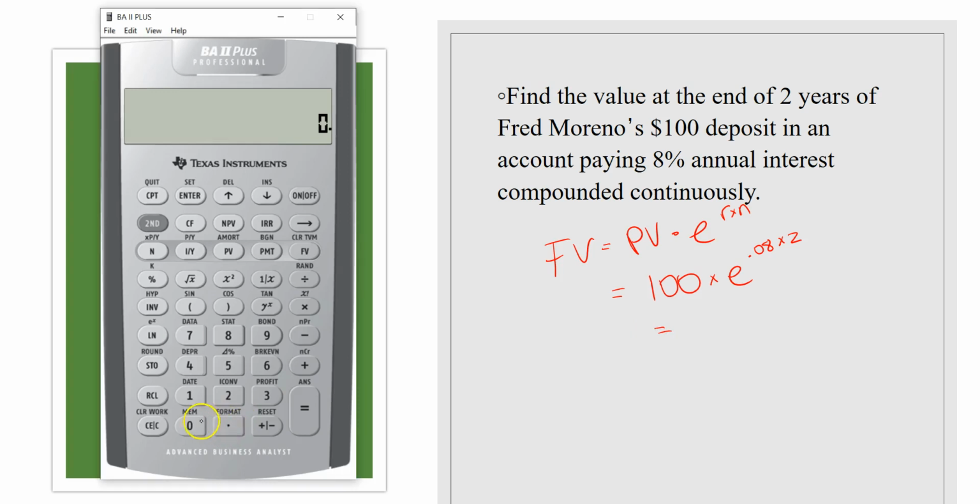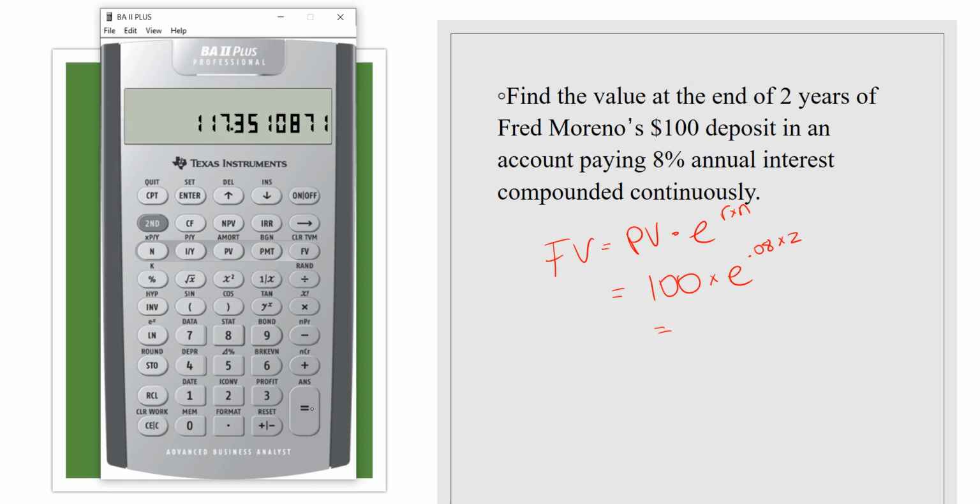We have to do the exponent first, so 0.08 times 2, solve for that. Then we need to use the exponential function, which is right next to the number 7. It's that e to the x right there, right above natural log. So we push second e to the x, then multiply it by 100. And we get 117.35.